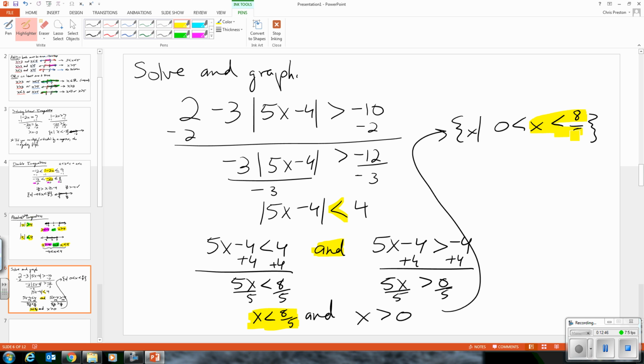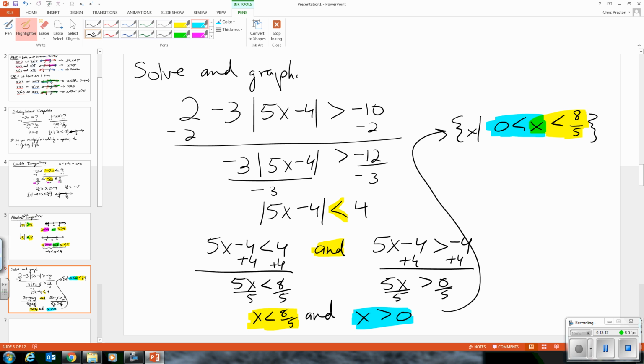So that's a true statement from what I got here. And then if I look at my second set of numbers, I want numbers bigger than 0. Or in other words, if x is bigger than 0, that means 0 is smaller than x. So this part of my statement is true as well.